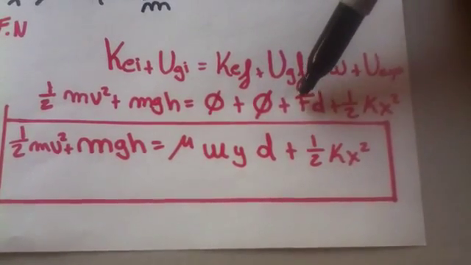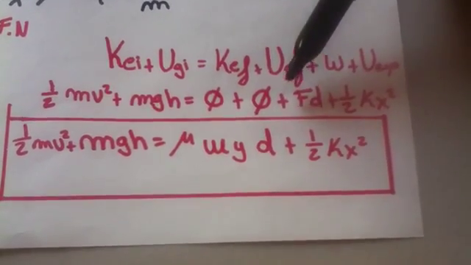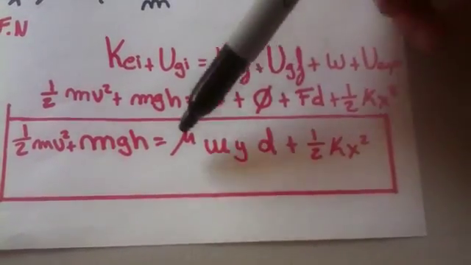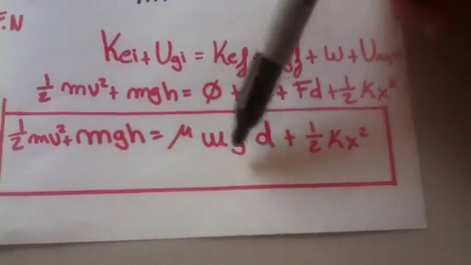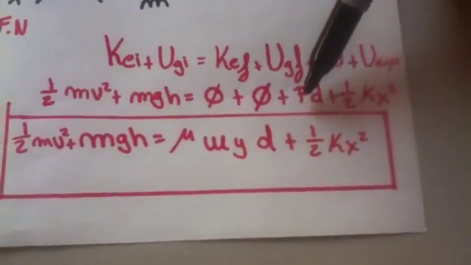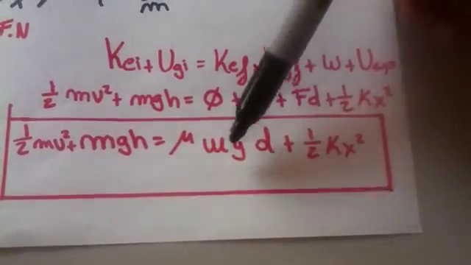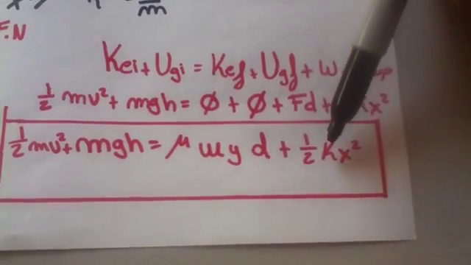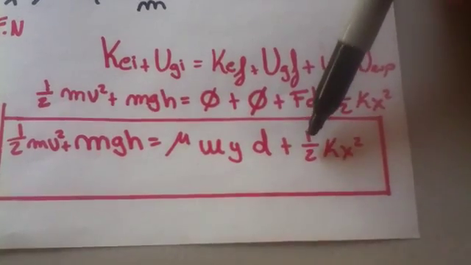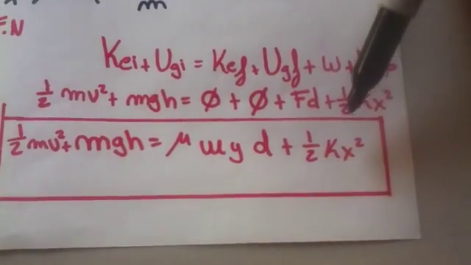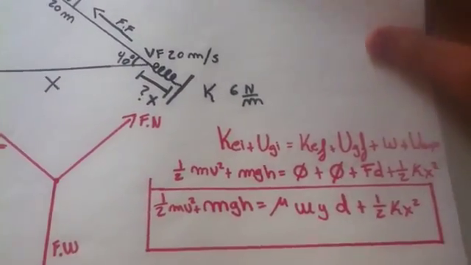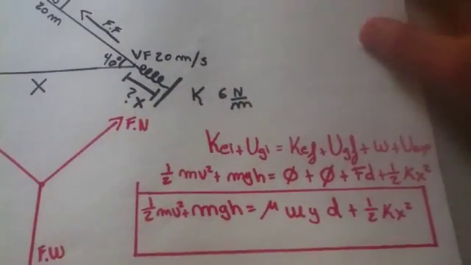Because our force is, in this case, the force of friction, and the formula for the force of friction is this one. So we just plug this formula into this formula and vice versa. Plus the resistance of the spring, which will be 1/2 of kx squared.